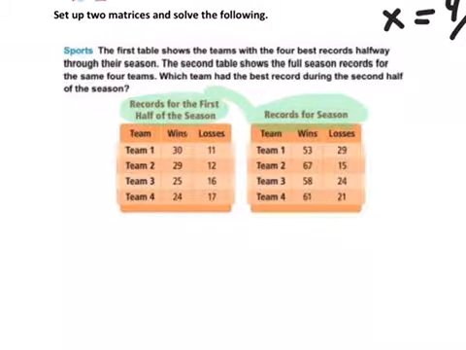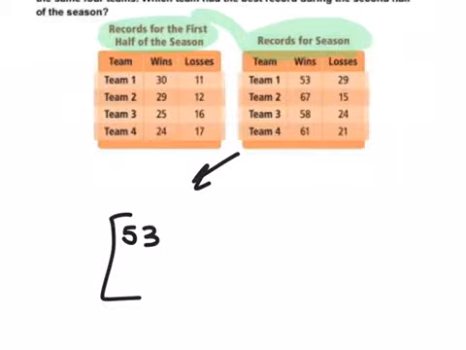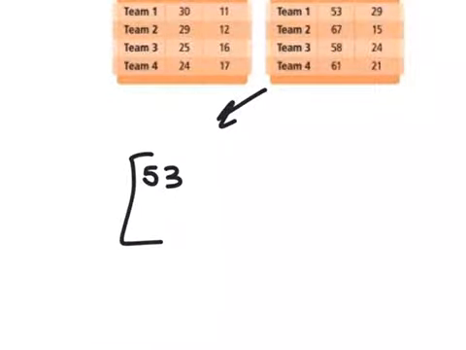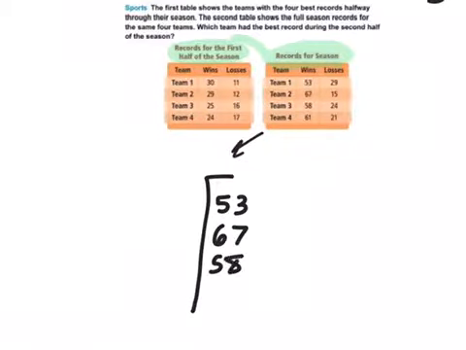Hopefully you've come to the conclusion that if we take the records for the entire season, I need to increase my matrix size here. And we write down these values, which represent the end of the season.